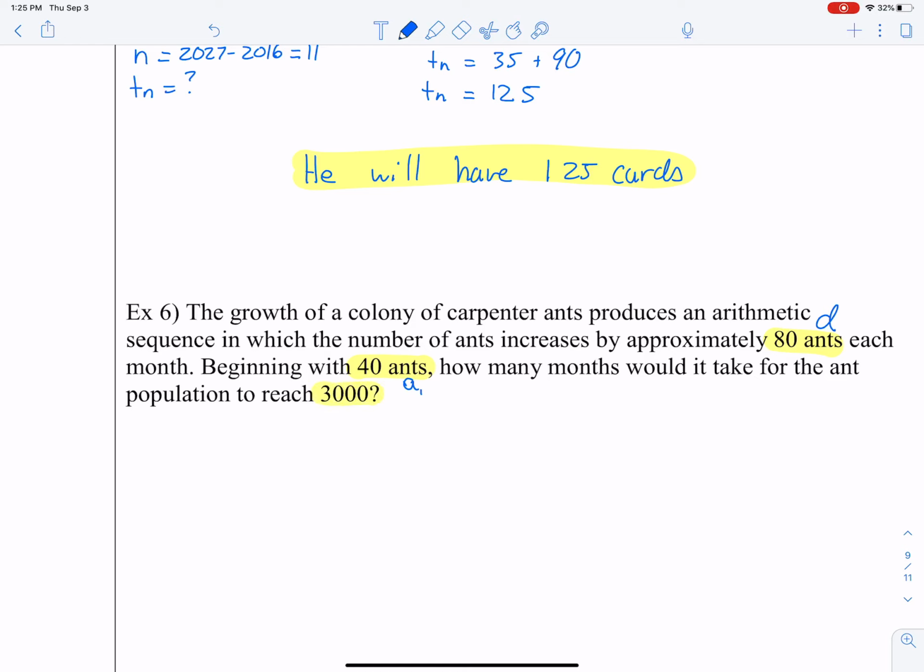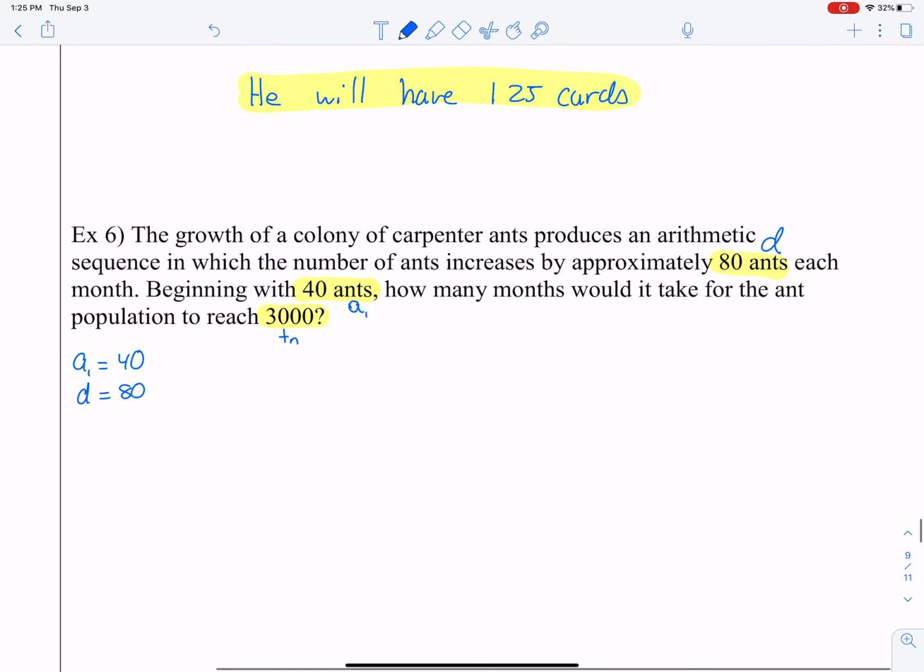So they're telling us 3,000 is our endpoint, our TN, and they want to know N. So we can write out what we know. We know A1 is equal to 40. We know D is equal to 80. And we know TN is equal to 3,000. We don't know N.